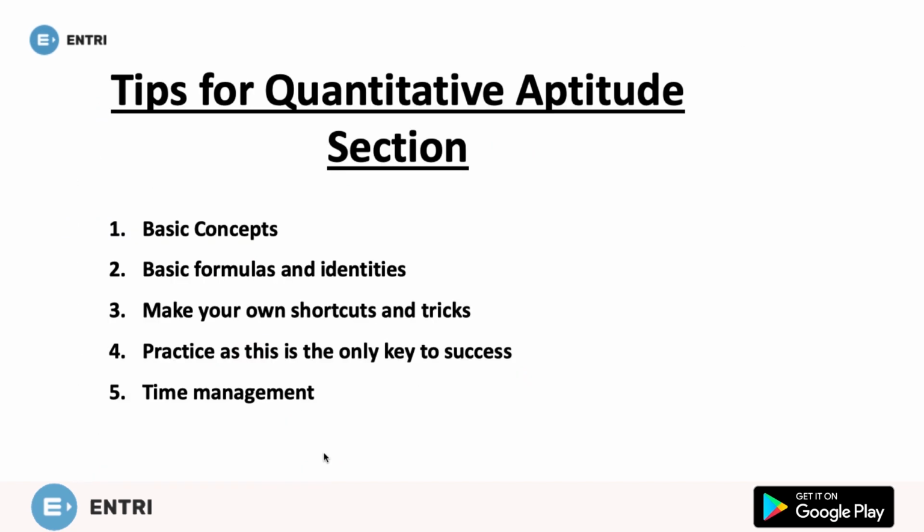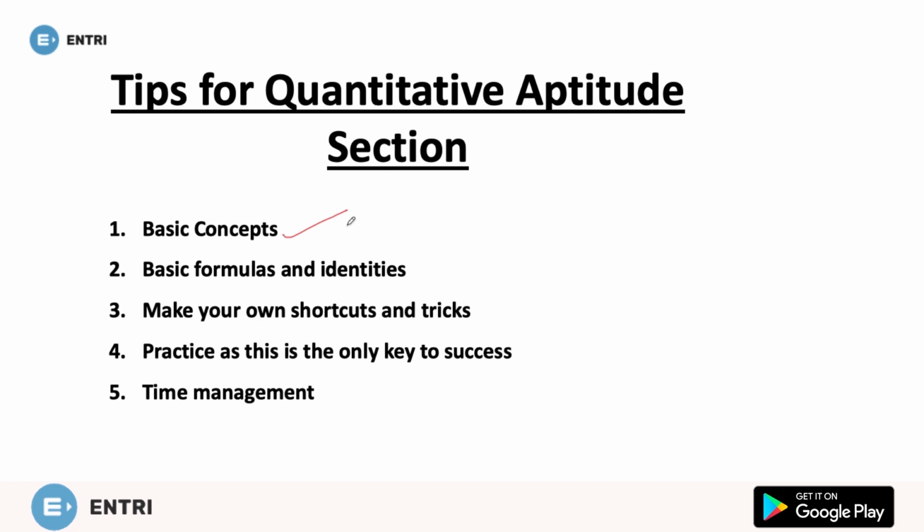Now, I am bringing some important tips for the QA section. First of all, I will talk about the basic concepts. The QA section is completely based on mathematical parts. Some questions involve formulas, some have basic concepts.